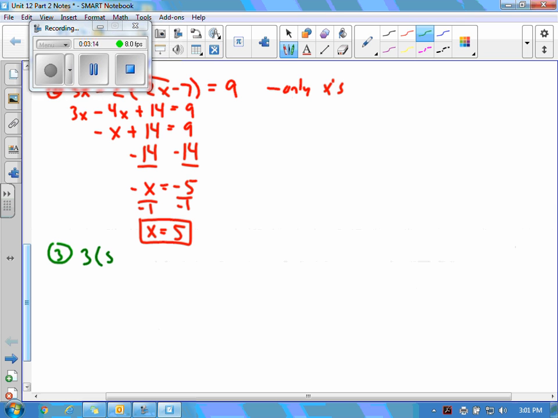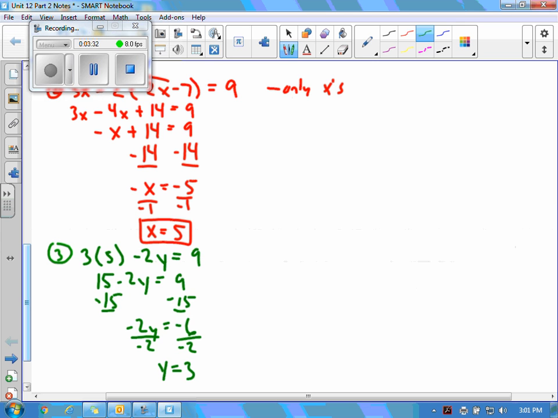I would replace x with 5: 5 minus 2y equals 9, and then I just need to solve for y. So I can subtract 5 from both sides. I get negative 2y equals negative 6. I can then divide both sides by negative 2. I get y equals 3. Now, I said in the directions you can plug into either equation. So let's say I wanted to plug 5 in for x into the other equation.